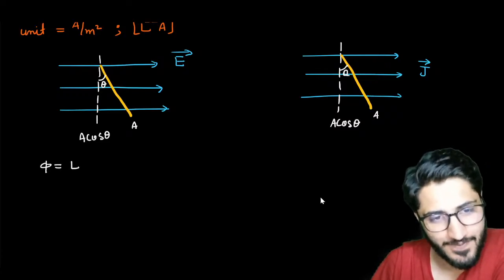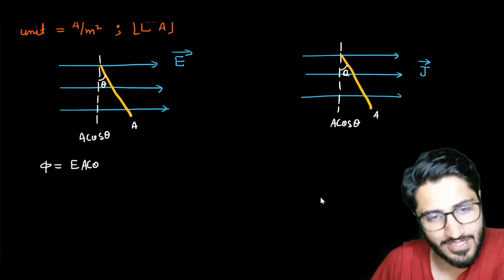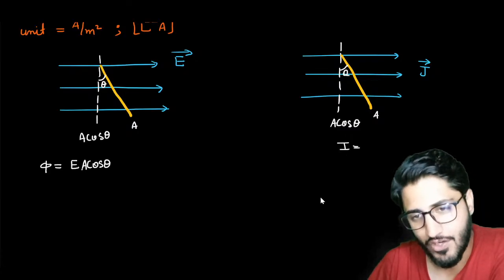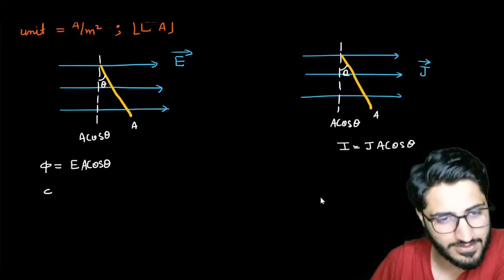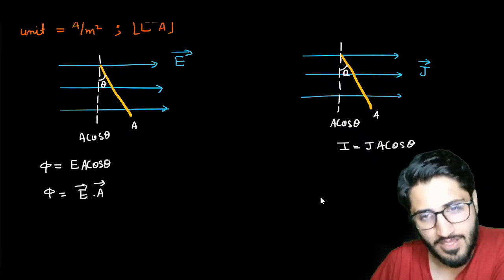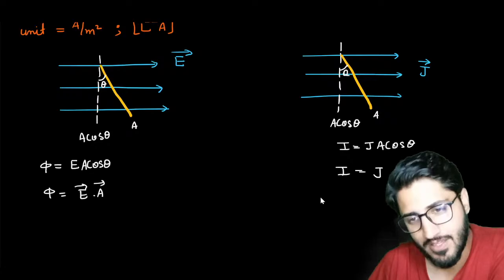Flux is E times area A cos theta. So here, instead of flux, I will write current. It will be J A cos theta. Here flux is E dot A. Here current I is J dot A.